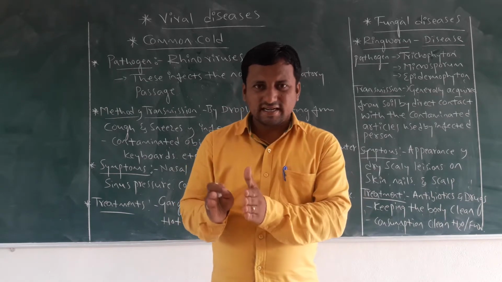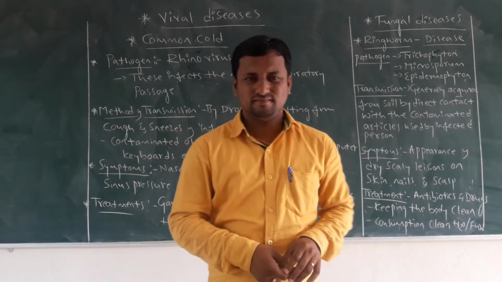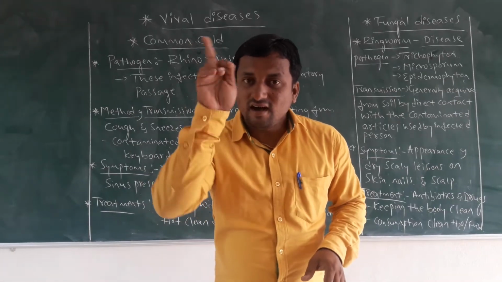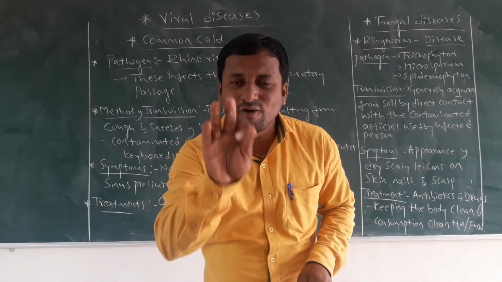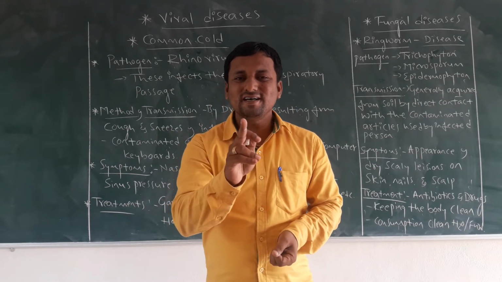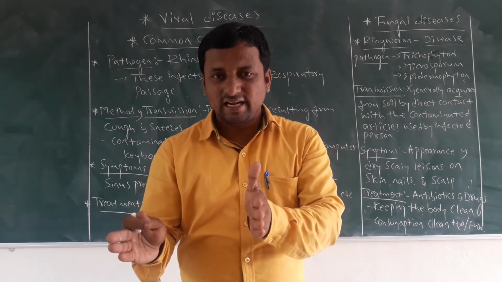Metabolism is nothing but a process of catabolism and anabolism. Catabolism and anabolism are actions by the enzymes which are present in our body. The enzymes are responsible for these types of actions. What are those? Catabolism and anabolism.